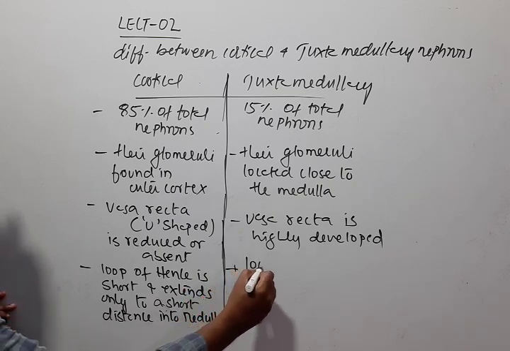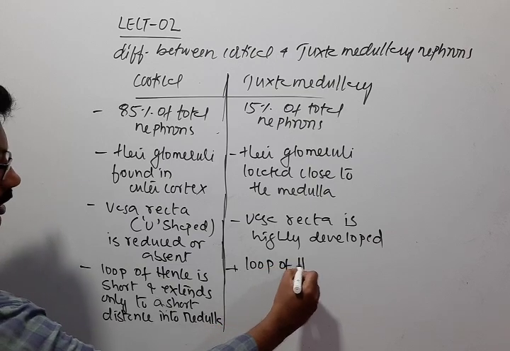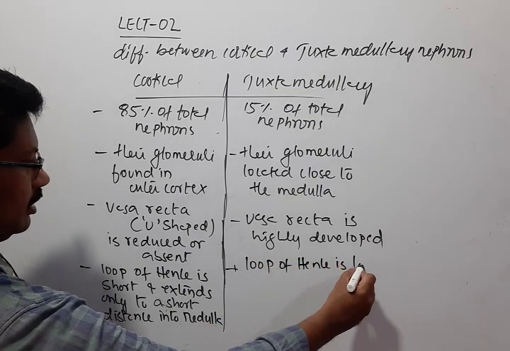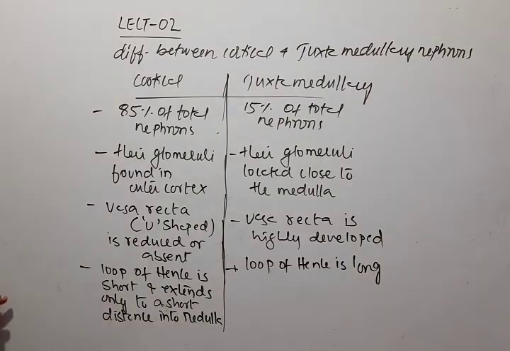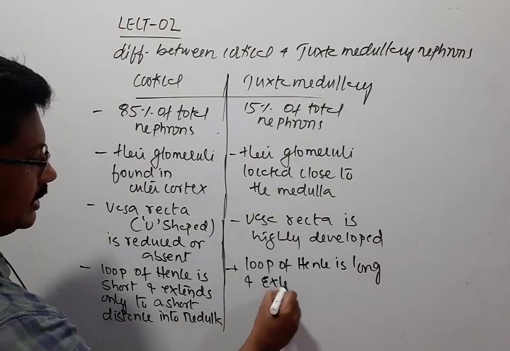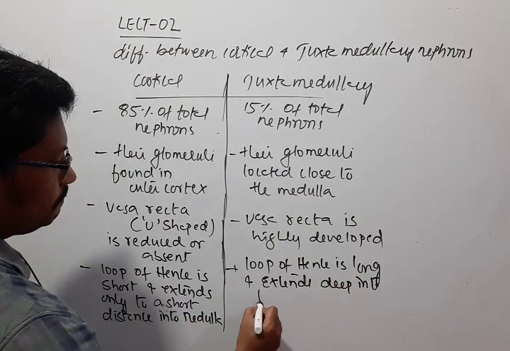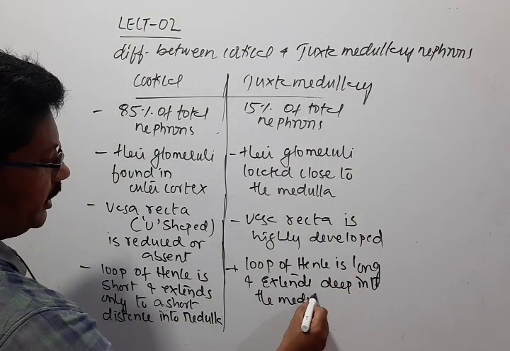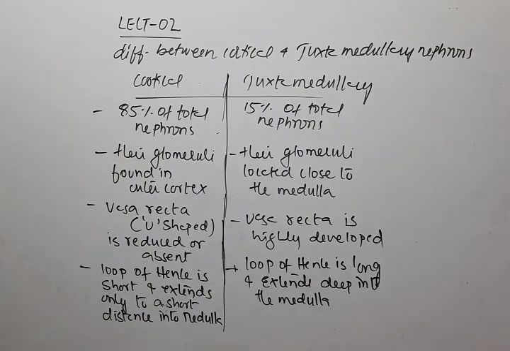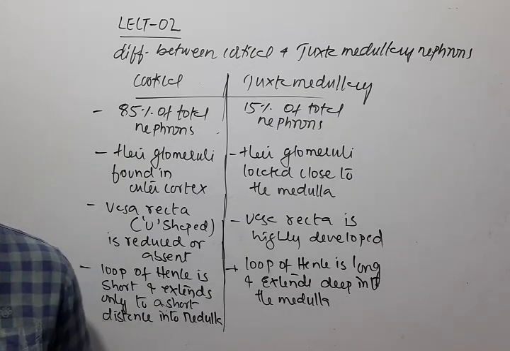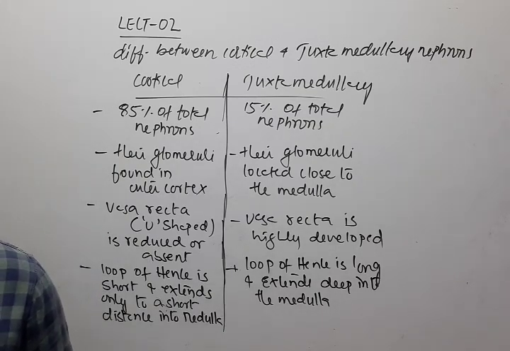Whereas in this case, the loop of Henle is long and extends deep into the medullary region. So these are the differences between the cortical and the juxtamedullary nephrons.